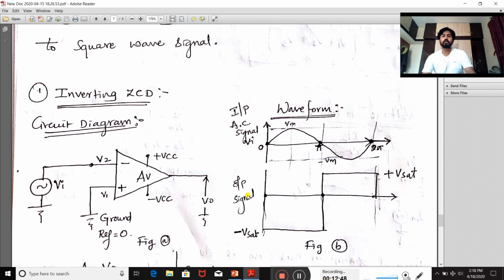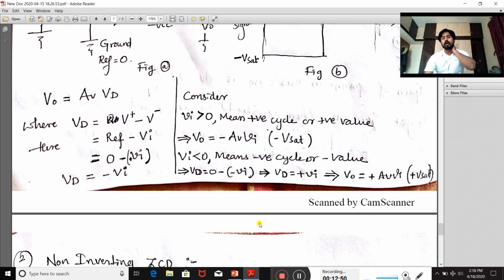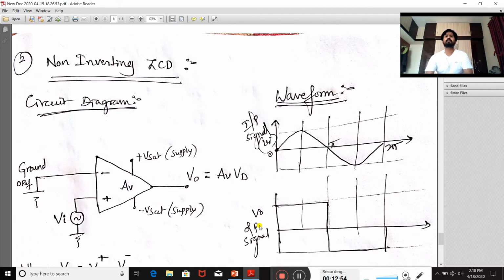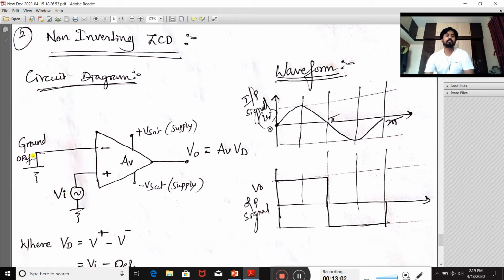Now similarly we can explain the non-inverting zero crossing detector. The process and working remain the same, only the connection is different now. Now the negative terminal is grounded and the source is connected to the positive terminal, hence it is called non-inverting ZCD.